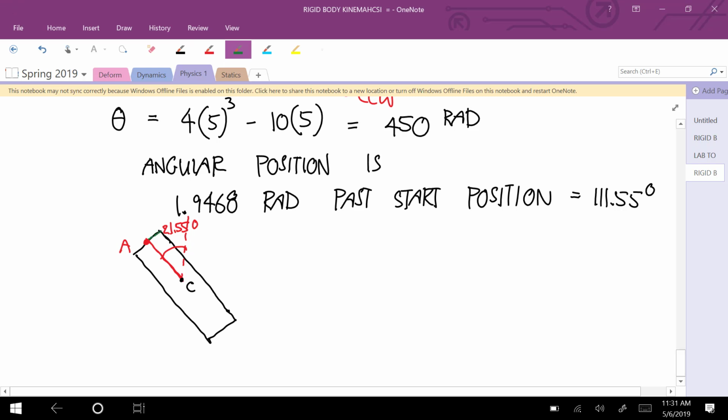And the circular path of that point is this. It's rotating this direction. And so the velocity vector is this way.